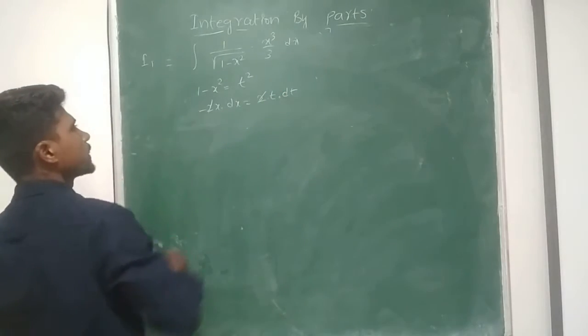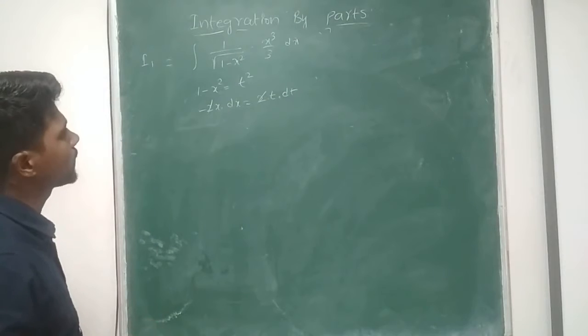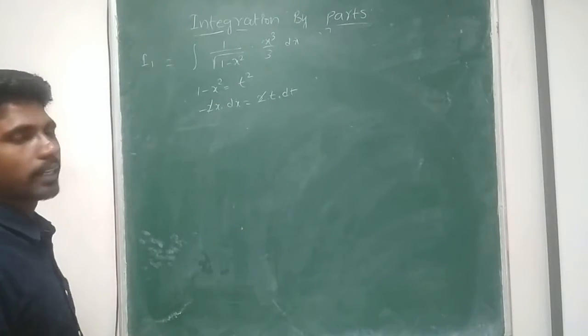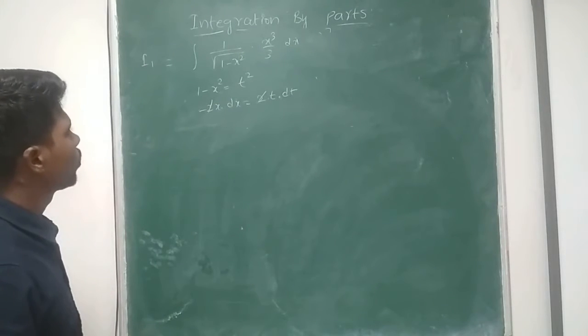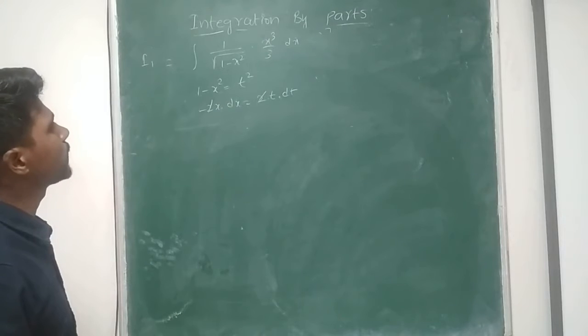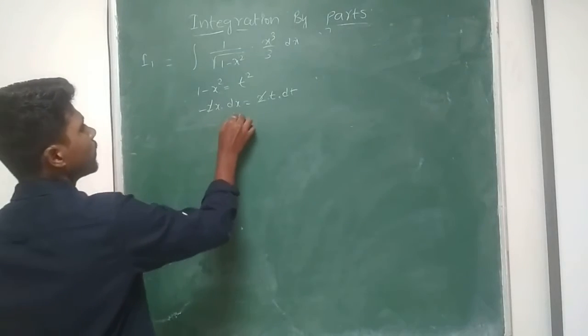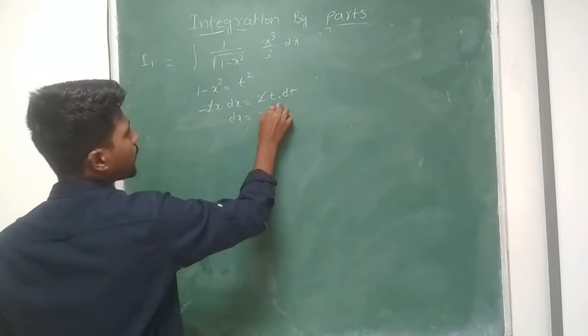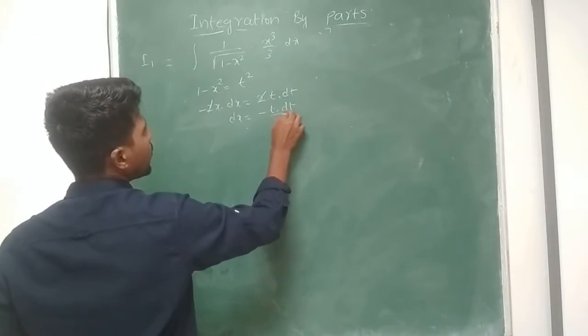So 2 and 2 get cancelled, so minus x into dx can be replaced as t into dt, or dx can be replaced as minus t into dt by x.